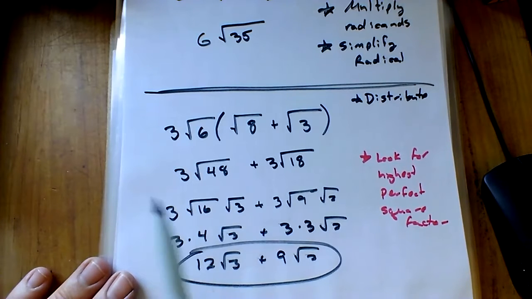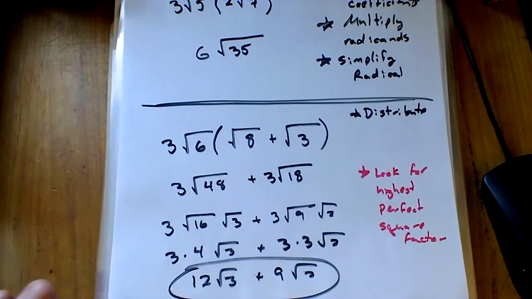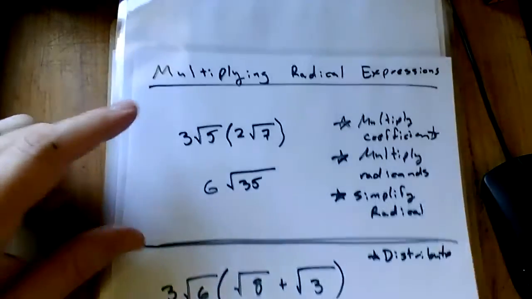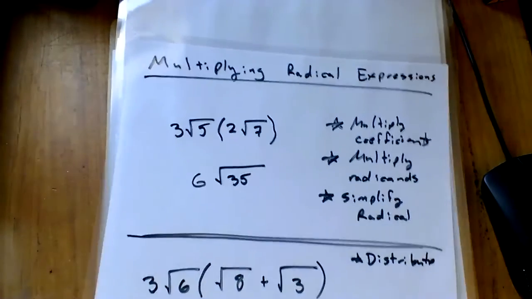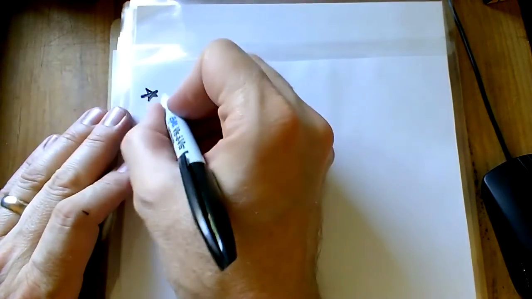This is the sort of basic level of multiplying some radical expressions. Things can definitely get more interesting the more terms you add on to something like this. So a couple little tricks or tips.